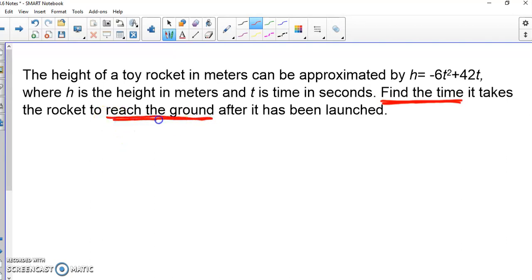So if it's on the ground, that means that rocket's height is 0. So our equation is going to look like this, where 0 is our height, and then equals the rest of the equation. Okay, so we're going to factor this now similarly to what we did on those other ones. Now this one I'm going to need to factor with GCF first, since this is not in standard form yet.